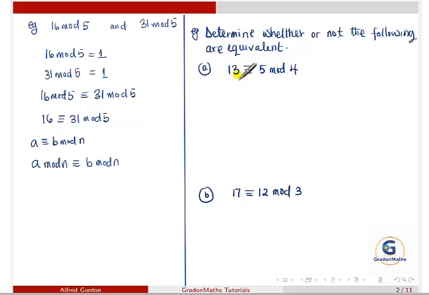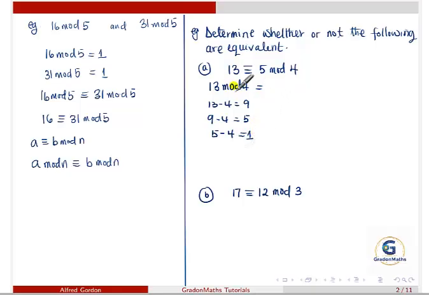Now we have 13 is equivalent to 5 mod 4. We know that for equivalency, 13 mod 4, from our previous videos, you can do a repeated subtraction. So we have 13 minus 4 to give us 9, 9 minus 4 to give us 5, and 5 minus 4 to give us 1.